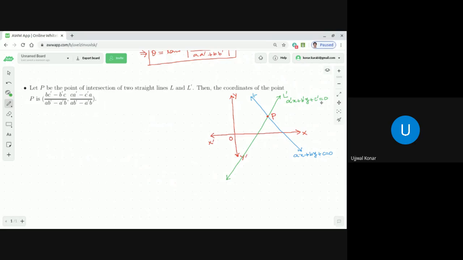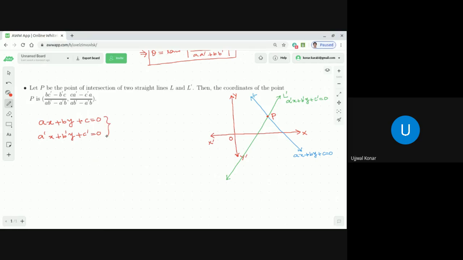Now in very simple terms, to find the point of intersection of these two straight lines is nothing but finding a solution to the system of linear equations. So we have a system of linear equations, a pair of linear equations, specifically to say Ax plus By plus C is equal to 0 and A dash x plus B dash y plus C dash is equal to 0.